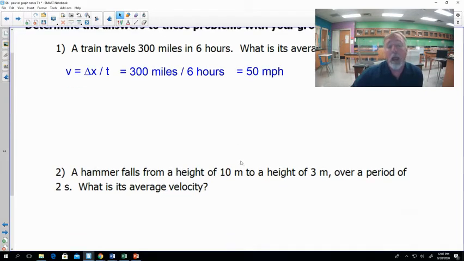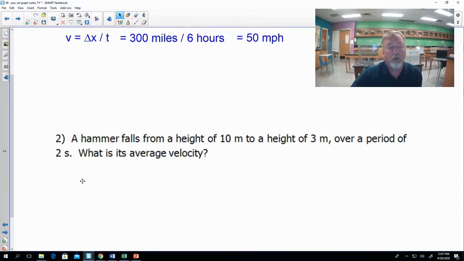Another problem: a hammer falls from a height of 10 meters to a height of 3 meters. So we have a starting height, an ending height, and it fell over a period of 2 seconds. So let's start off with our equation again, v equals delta x over t. Well, we've got to figure out what delta x is. Hopefully you remember, delta x is simply x final minus x initial.